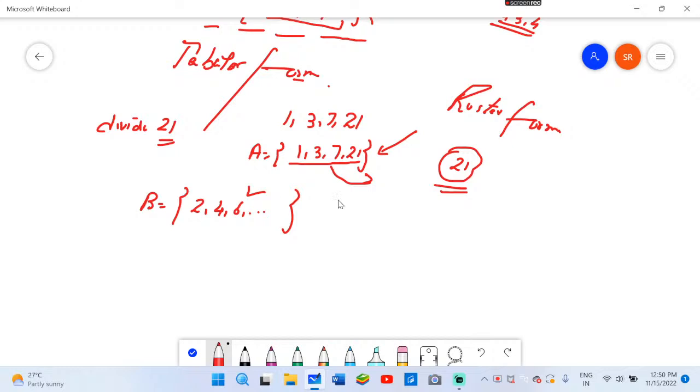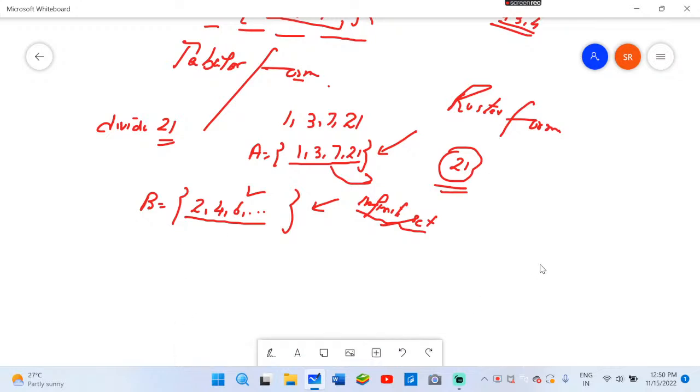Of course, this will be an infinite set because the counting does not stop. Infinite set.